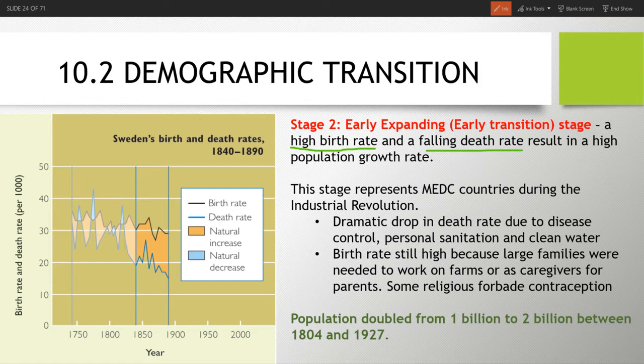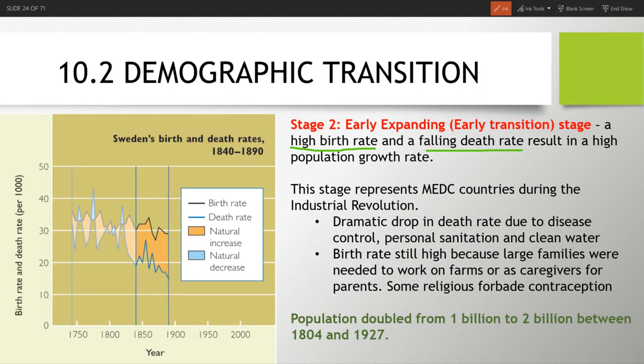So this stage two, early expanding, represents more economically developed countries during the Industrial Revolution. So we're talking about countries in Western Europe first, but then in North America as well, that start to experience changes with industrialization.